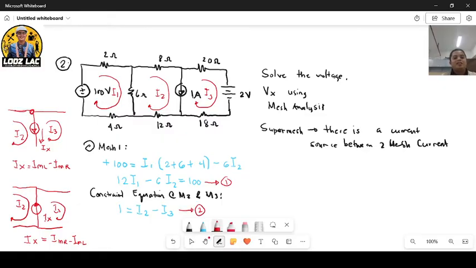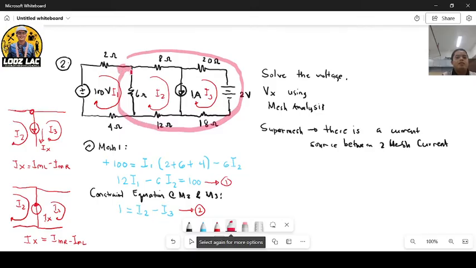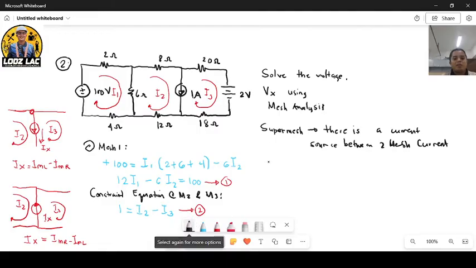So we are lacking one equation. We just need one more equation to solve I1, I2, and I3. We solve for the third equation by applying this loop. Remember this technique in how to solve for the supermesh equation.